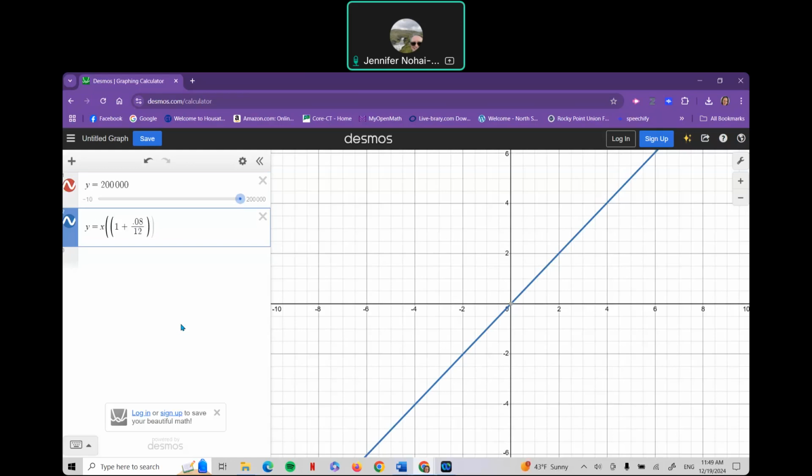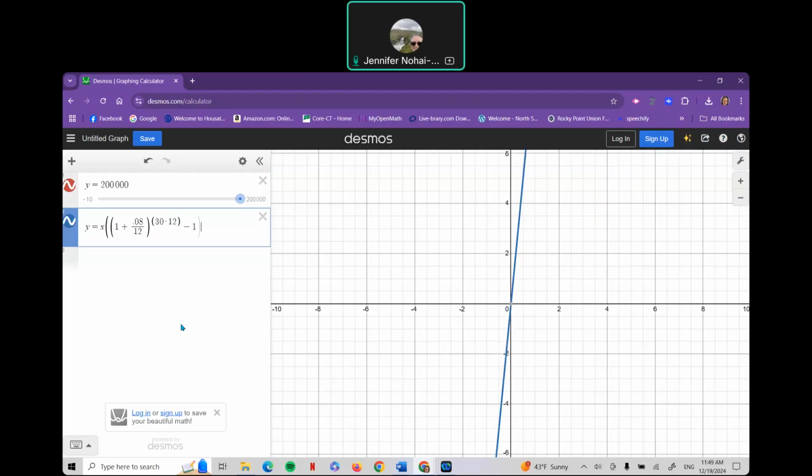Then we want an exponent, so shift 6. We have 30 times 12. Now I'm going to put my exponent in parentheses because whenever I don't, it always moves it back down for that 12 to be next to it instead of actually in the exponent. Now I want to move down and subtract my 1.